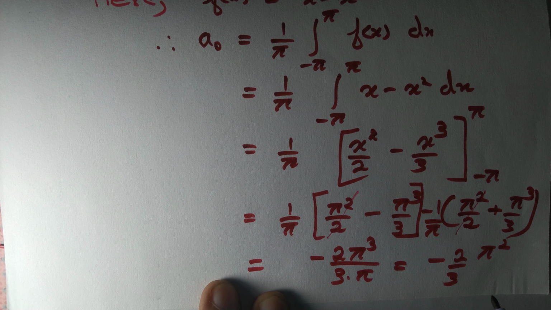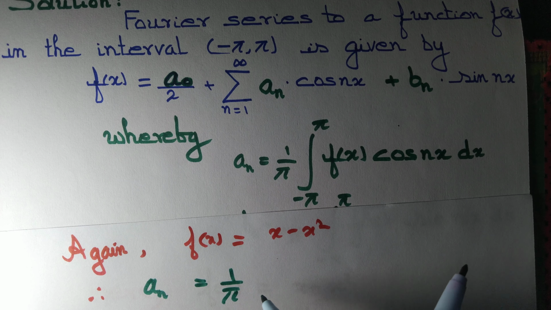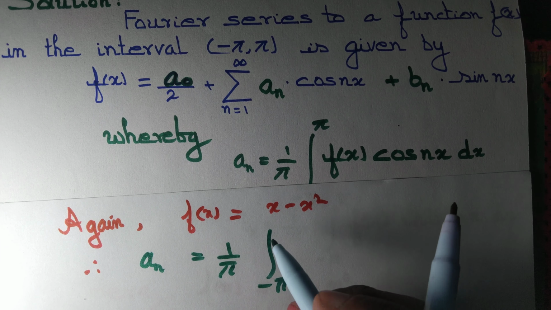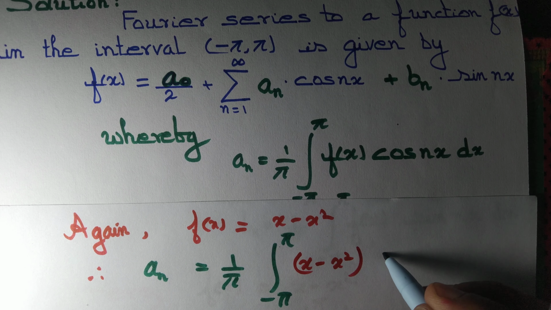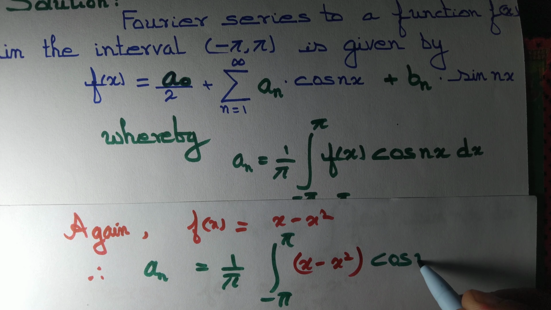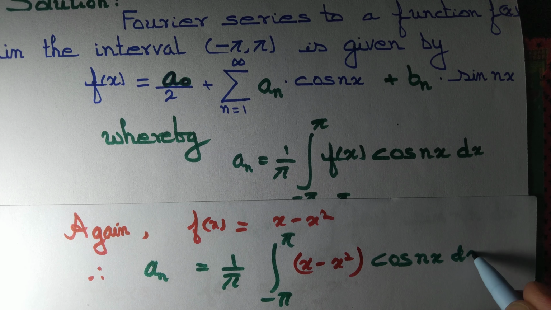Now, let us determine an. Again f(x) = x - x², therefore an = 1/π integral from -π to π of f(x) cos nx dx, where f(x) is x - x².